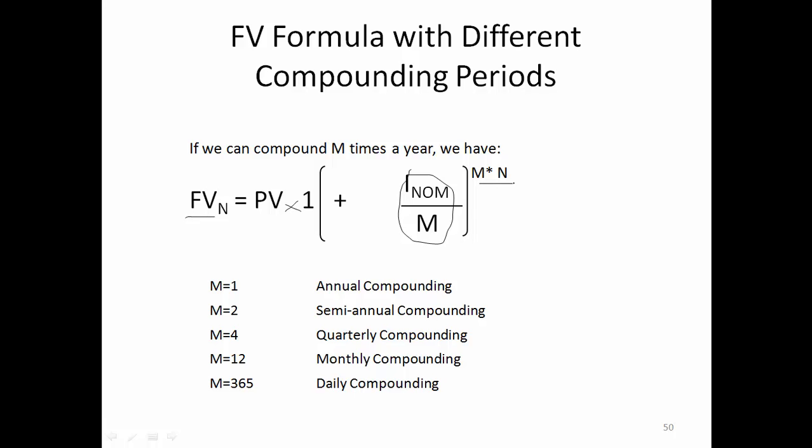And so m multiplied by n, that is how many times in n years, right? So for example, if we are doing 12 times a year but for 5 years, then a total of 60 times of compounding instead of just 5 times.